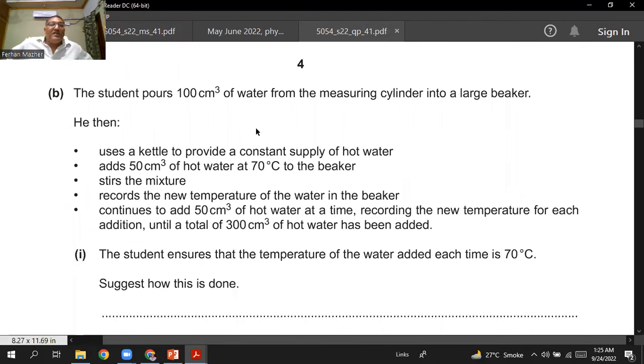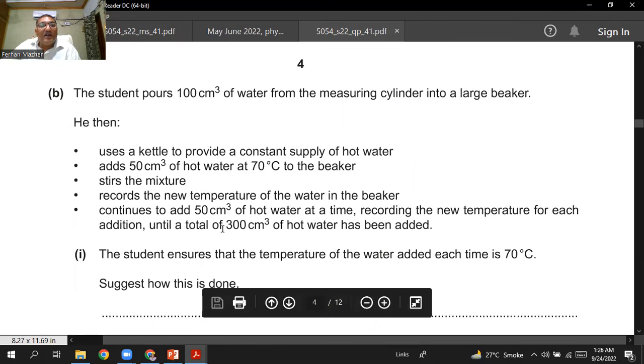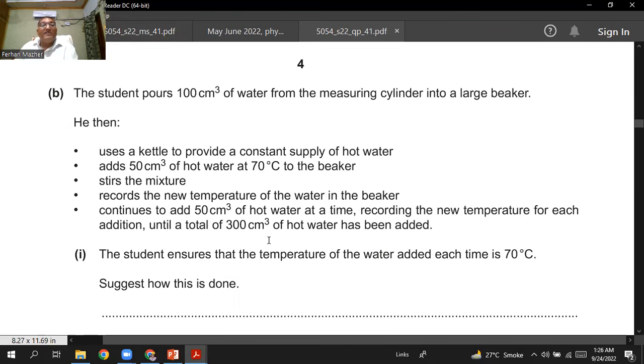Stirs the mixture, records the new temperature of the water in the beaker, continues to add 50 cubic centimeter of hot water at a time, recording the new temperature for each addition until a total of 300 centimeter cube of hot water has been added. So the student ensures that the temperature of the water added each time is 70 degrees centigrade. Suggest how this is done.